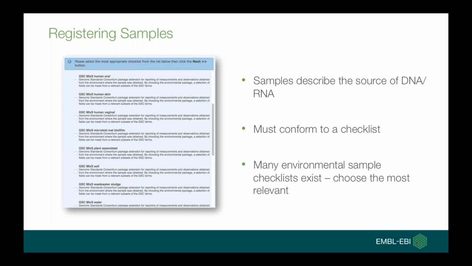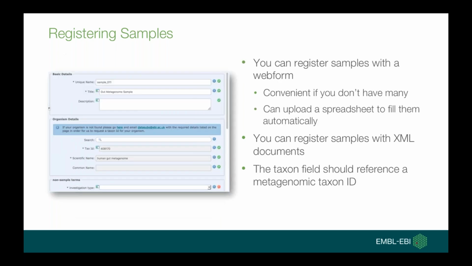So submitting a sample interactively, you would be presented with a web form which would be populated with the set of attributes that belong to the checklist that you selected. But you'll always have a unique name, a title, a description, and details of the organism.